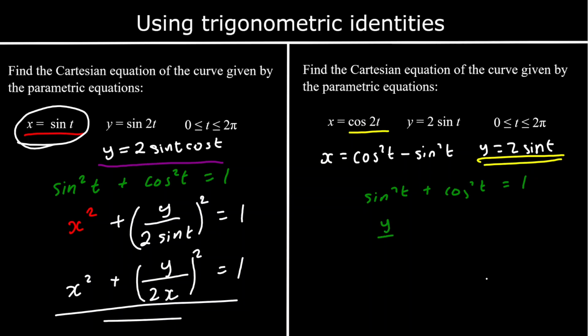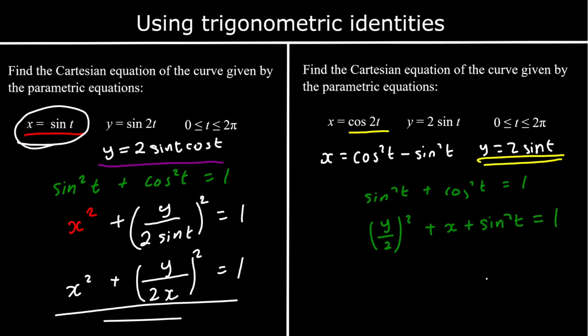So I'll have y over 2 squared plus cos squared t. And I'm going to have cos squared t as x plus sine squared t. So cos squared t is x, I don't need to bracket, x plus sine squared t equals 1.